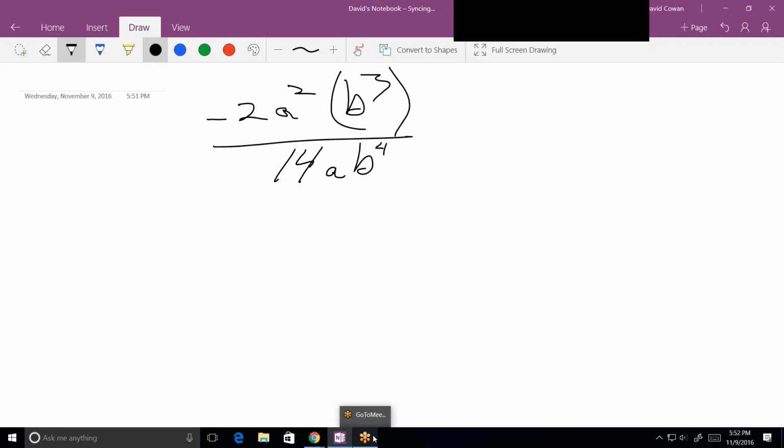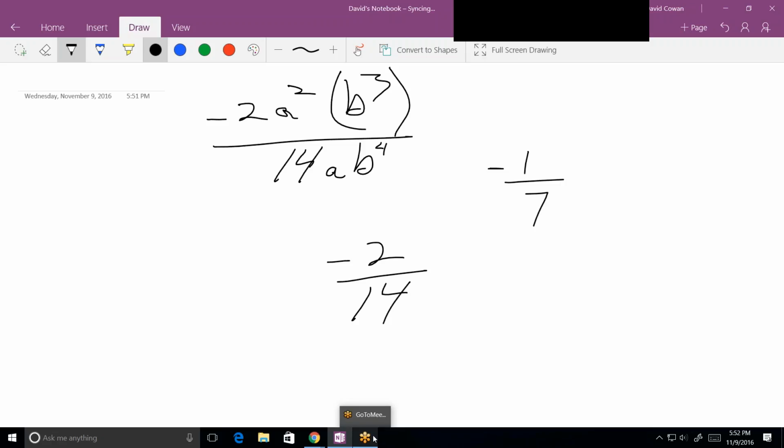You start with the numbers and then you do the first letter and then the second letter until you're done with all the letters. So what's minus 2 over 14? Negative 1/7. In other words, I'm going to divide top and bottom by 2 to get 1/7.